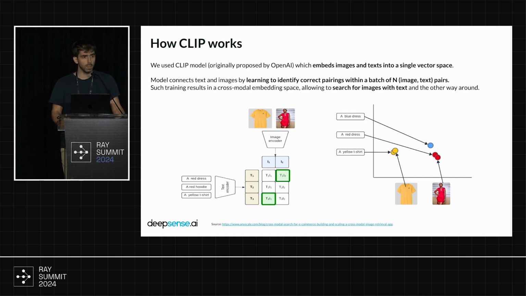Having trained such a model, we can take the input query, no matter if it's an image or text, and turn it into a vector that can then be used to search for similar items in a previously pre-calculated and populated vector index. So we have actually two indexes, one for images and one for texts, representing the contents of our database.